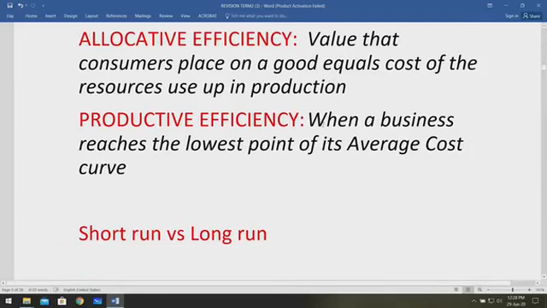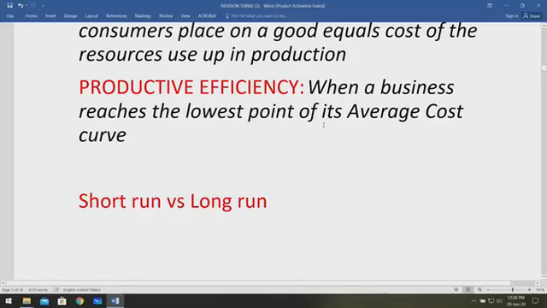Then another concept that causes quite a bit of confusion is the difference between the short run versus the long run. The only thing you need to remember here, grade 12s, is that in the short run, you have one factor of production that is variable, and in most cases, it is the factor of labor that becomes the variable, because it is much easier to change your labor input than it is to change anything else within a short space of time.